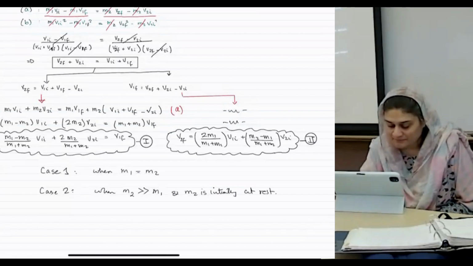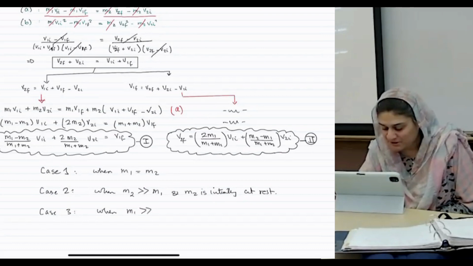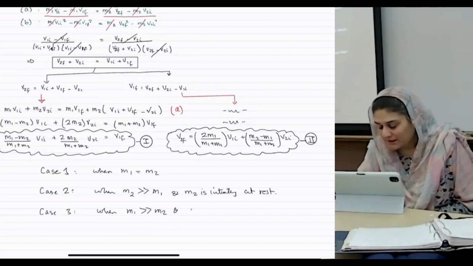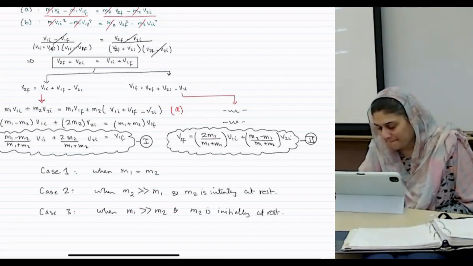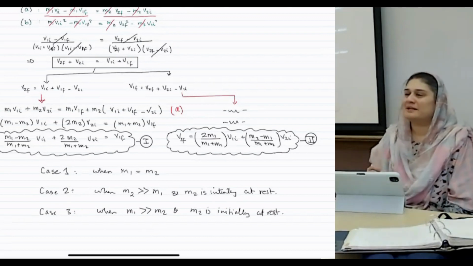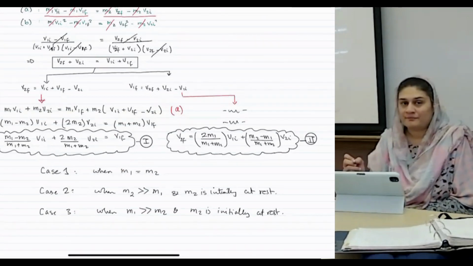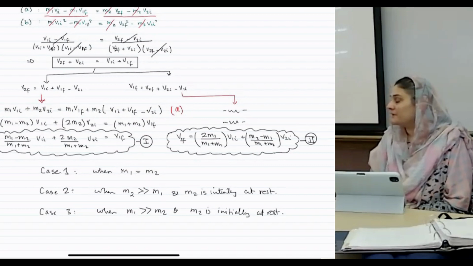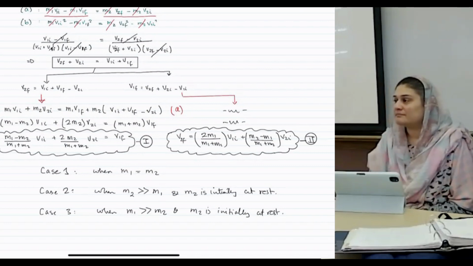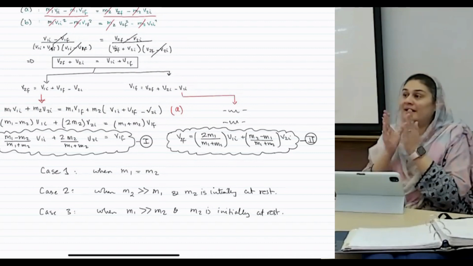Case 3 is when M1 is much, much greater than M2, and M2 is initially at rest. When it's initially at rest, what will happen to V2I? There we go. That's all. It's just a matter of plugging in numbers. Yay, we're done.